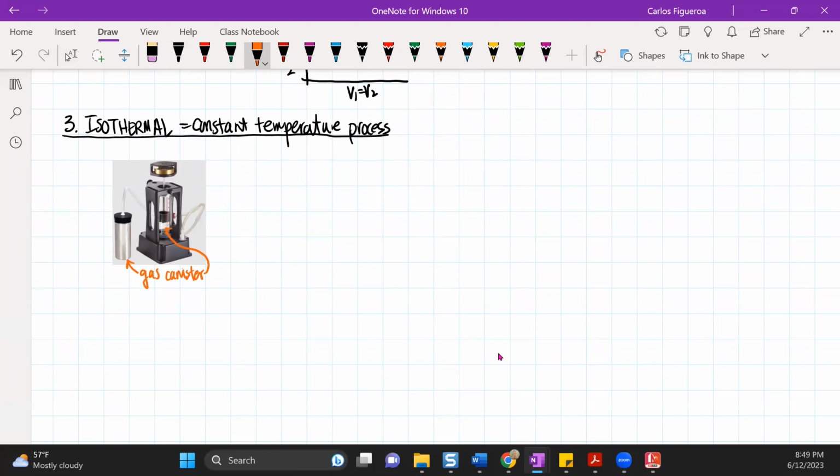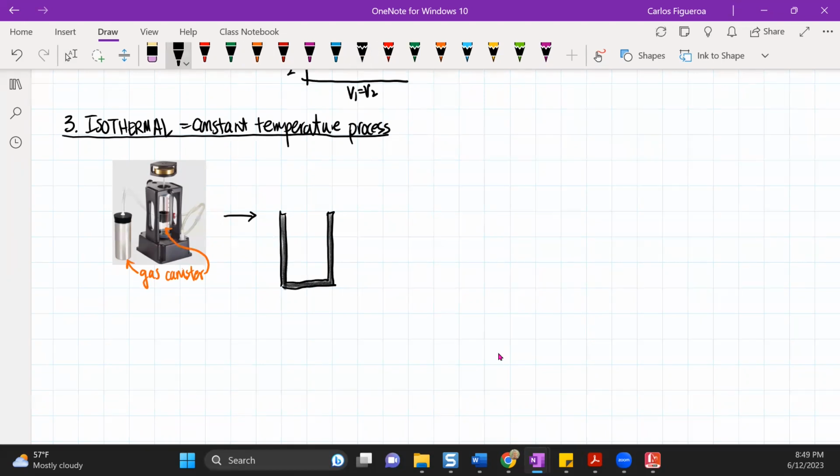So the way we keep the gas at a constant temperature, I imagine that I have a container, and I'm going to put this gas in a hot water bath, let's say, or it could be a cold water bath, depending on what we're trying to do.